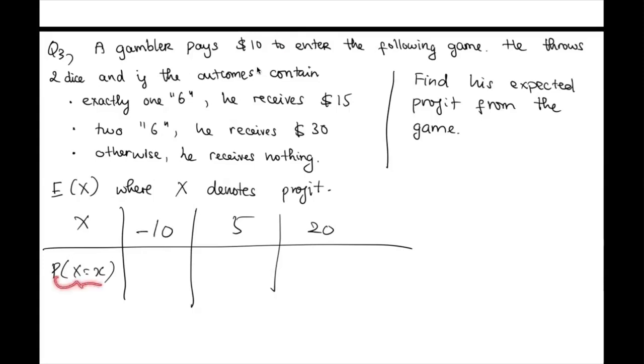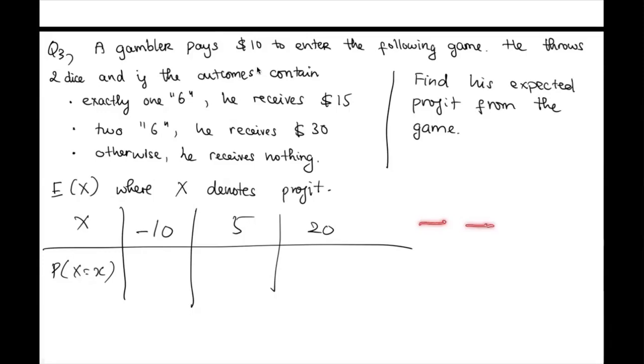We will want to find the probability that he got each of the profits here. He got profit -10 when he does not get any 6. Think about these two as the outcomes when he throws 2 dice.